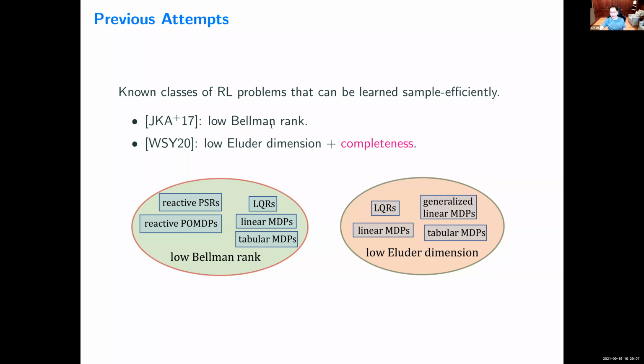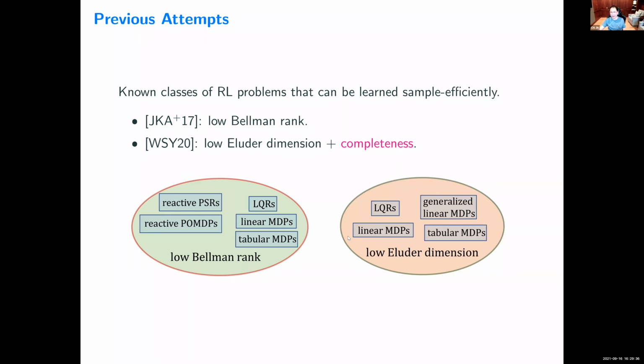One work is by a group at Microsoft Research, who defined the so-called low Bellman rank notion, and it includes a lot of classical problems like LQR, linear MDPs, and tabular MDPs. They also have some fancier examples like reactive PSRs and reactive POMDPs, basically a very special class of partially observable MDPs. The other class is the so-called low Eluder dimension.